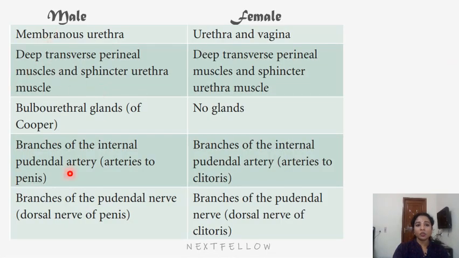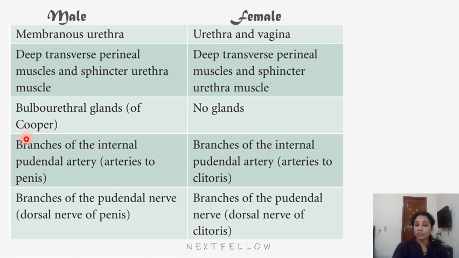So let's list out the differences in males and females, the contents of deep perineal pouch. Here it is traversed by membranous urethra, and in females by urethra along with the vagina, and deep transverse perineal muscle, sphincter urethrae, the same thing in females.